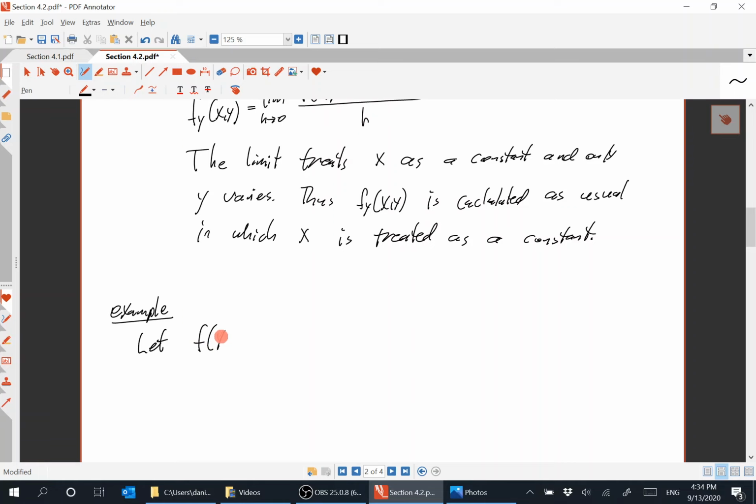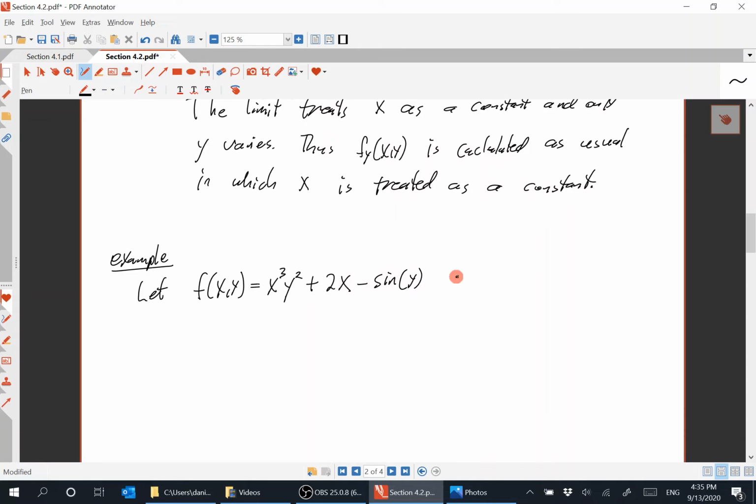So, for example, let f of x, y equal x to the third y squared plus 2x minus sine of y. Right, then the first derivative with respect to x, and you can just drop the x, y to simplify the notation. y is a constant, so y squared is a constant.